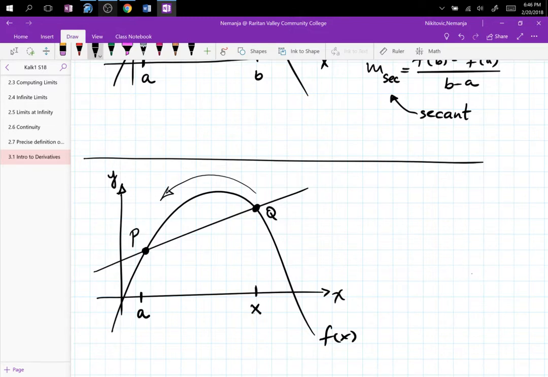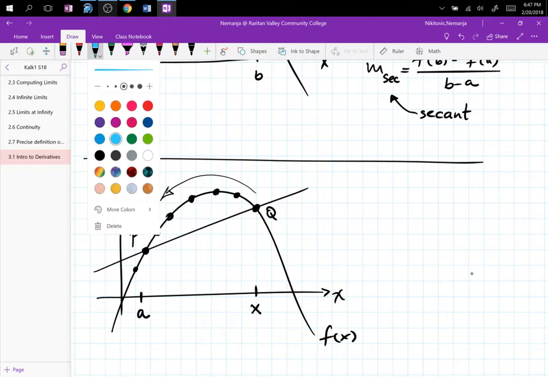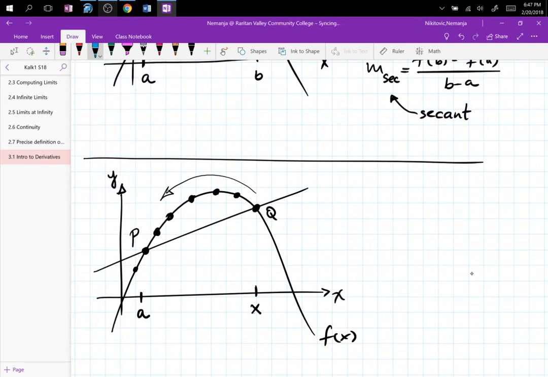Now, Q is going to be here, and then eventually there, and then eventually there, and then here, and then here, and then it's going to collide with P, right? And then it's going to pass it, and it's going to go forever, right? Down the line. Now I'm going to draw all of these secant lines.